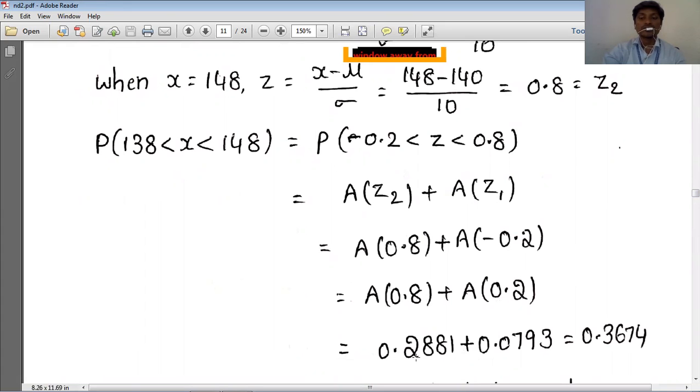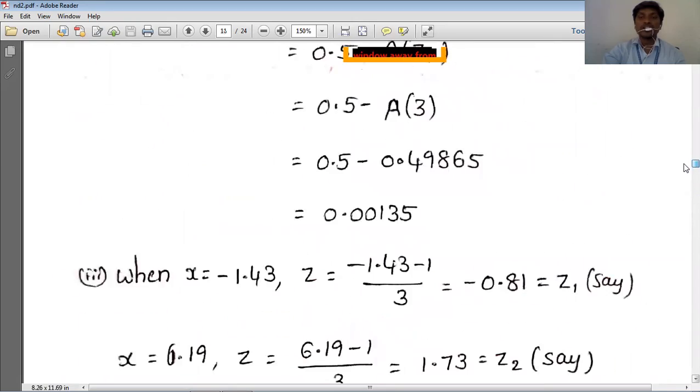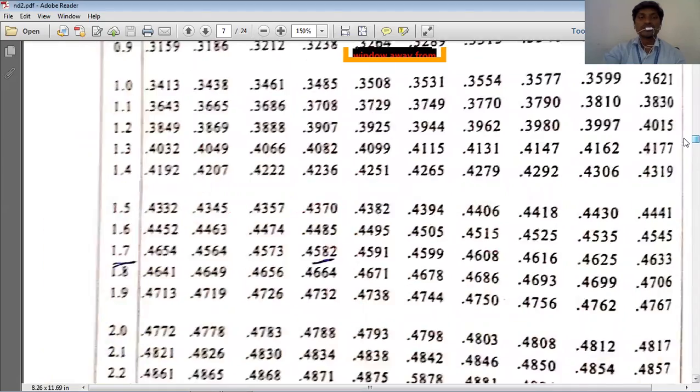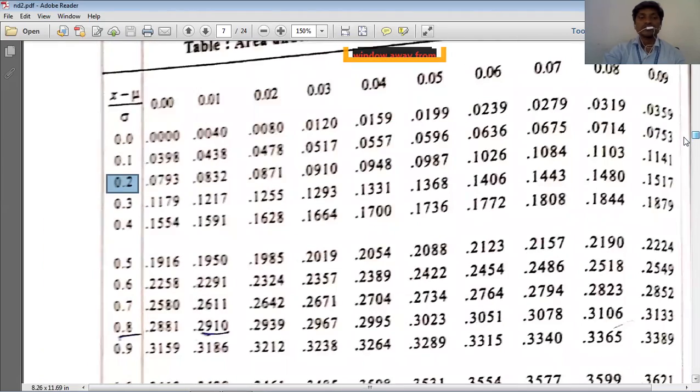Keep in mind 0.8 and 0.2. For 0.8, after that there is no digit after the decimal, so which value do we choose? 0.8 and 0.00.